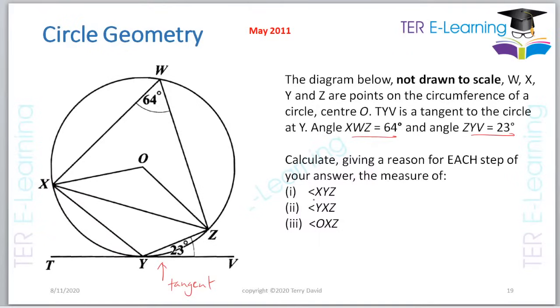Calculate, giving a reason for your answer, what is XYZ? So angle XYZ. So where is X, where is Y, and where is Z? So XYZ is this angle here, right? So they want to know what is that one. All right, so that one's straightforward. What is XYZ?